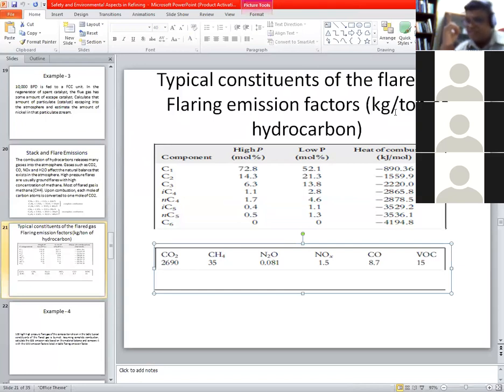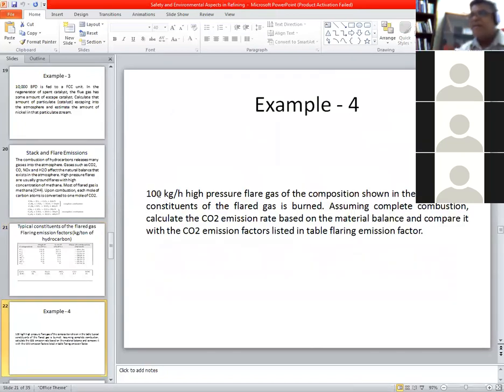So it is 2690 kg per 1000 times 100, because the flow rate given is 100, right?